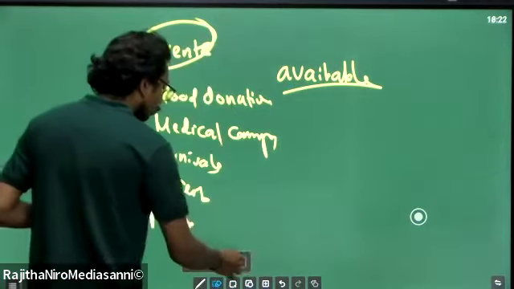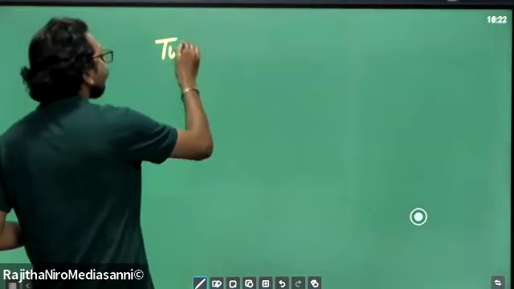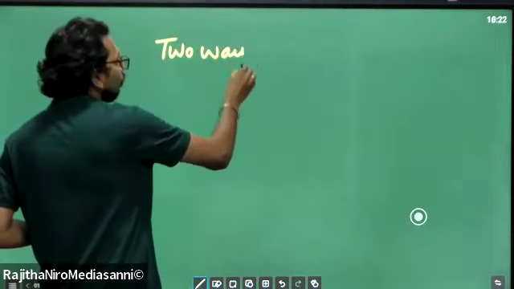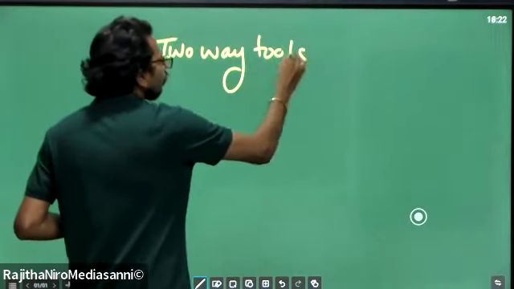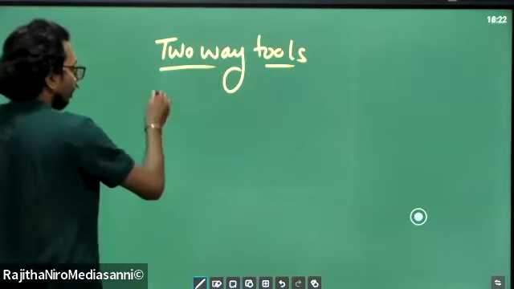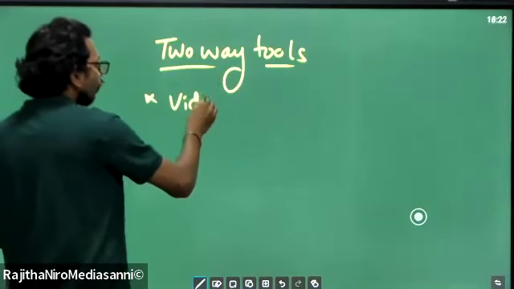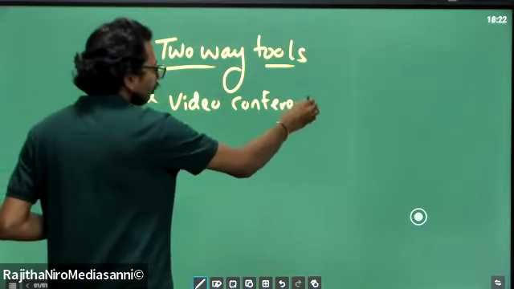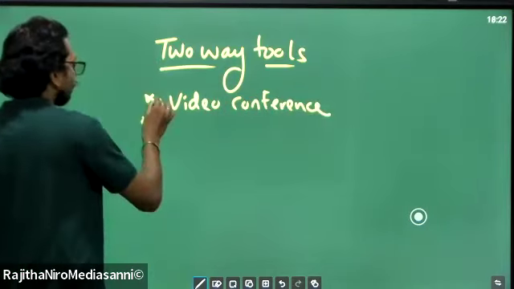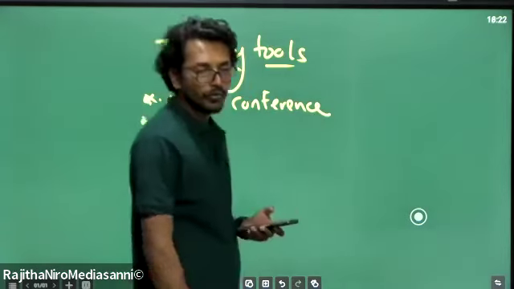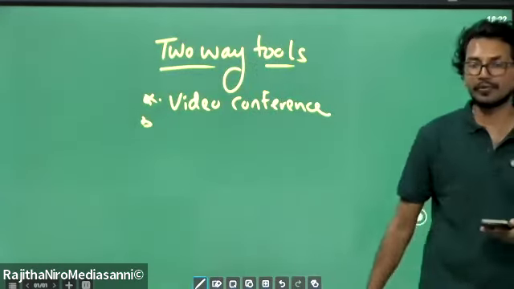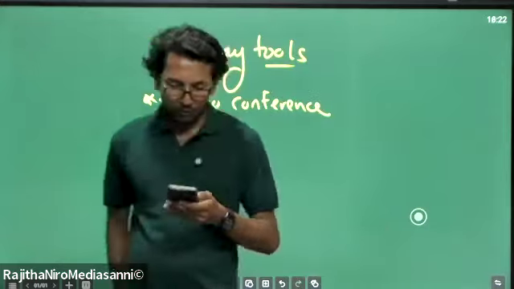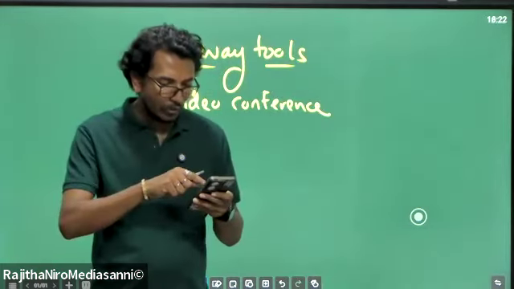Okay. What are the two-way tools we can see? The first thing is video conference. And secondly, distribution of video news.